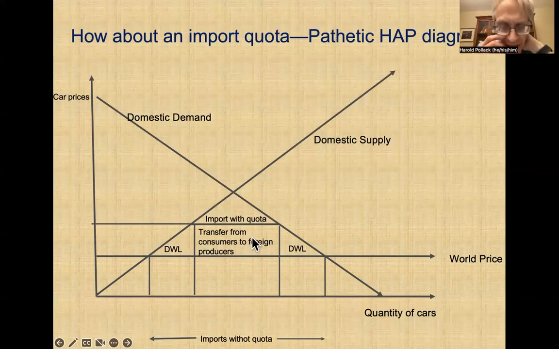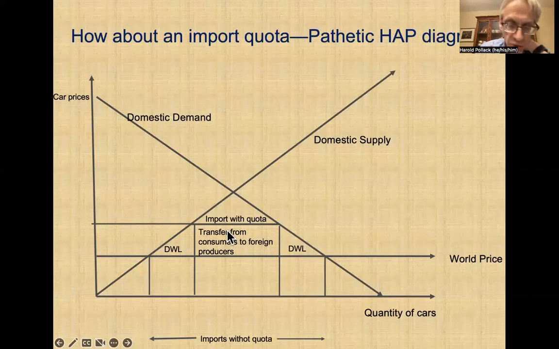What's that? Interestingly enough, it's stuff that used to be consumer surplus, but it's now actually producer surplus, and it's going to the foreign companies that are making it inside this quota. So we are actually helping our foreign car companies to make more money.